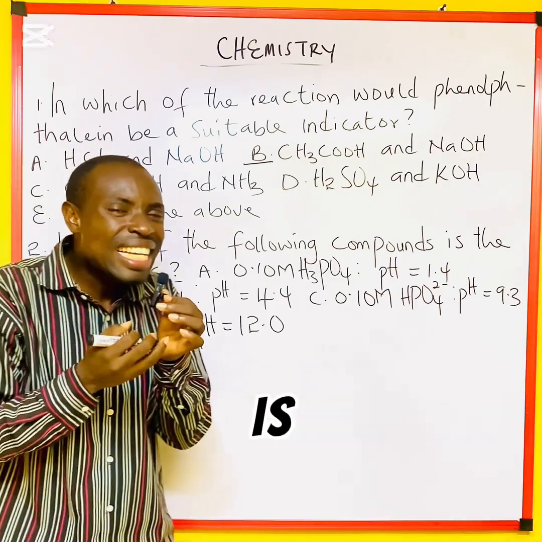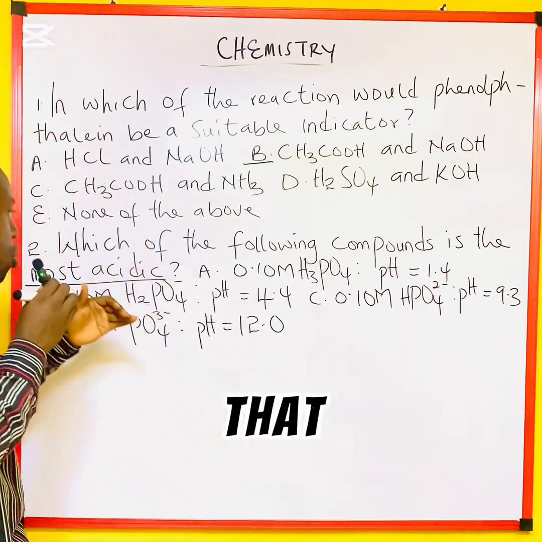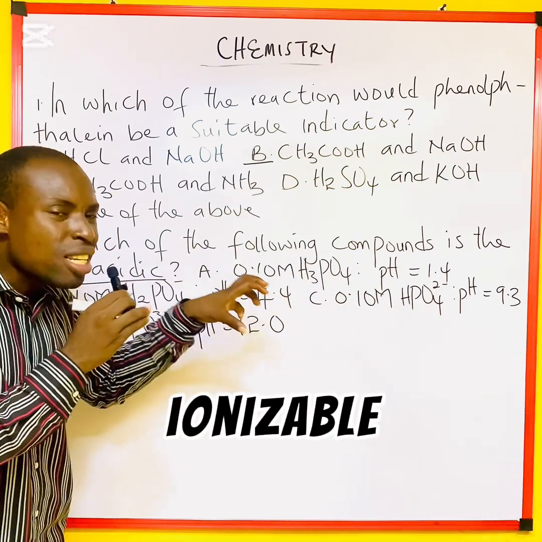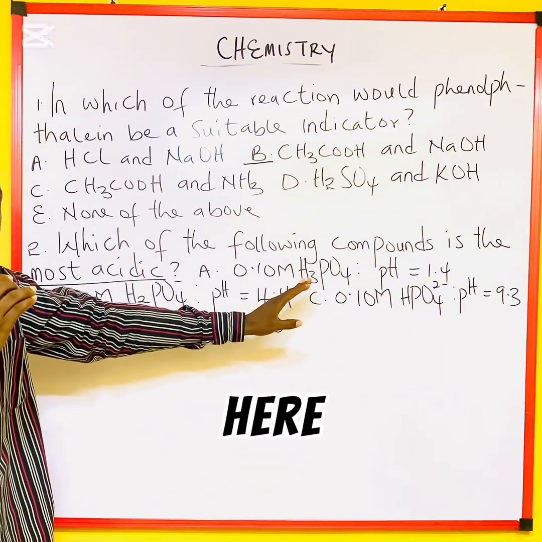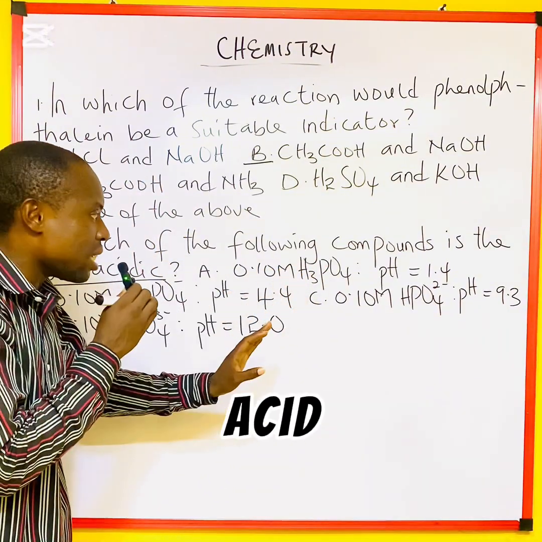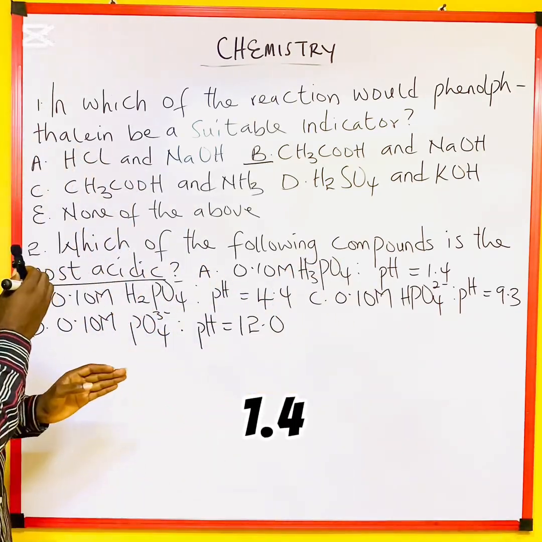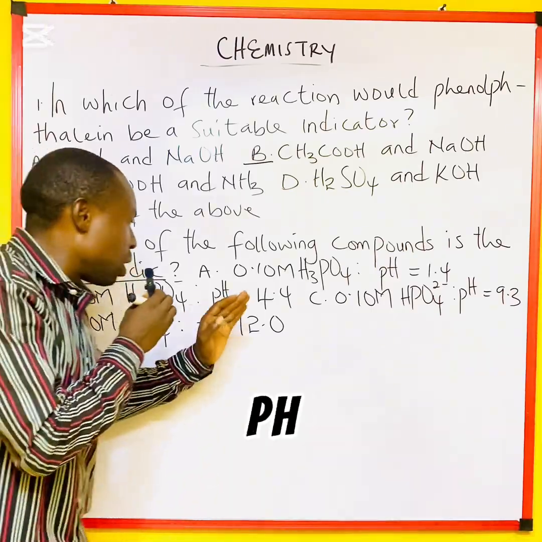Now, where is this question coming from? We should understand that you were given the ionizable ions of this acid here, which is called phosphoric acid. You are given the pH. For option A, the pH is 1.4, then pH 4.4, pH 9.3, pH 12.0.